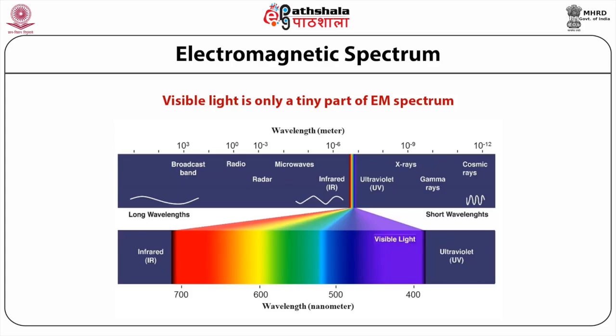So this whole spectrum is called the electromagnetic spectrum, and we should keep in mind that our visible spectrum is only a tiny fraction of this big spectrum. In terms of wavelengths, visible light spans from around 350 nanometers to around 750 nanometers.